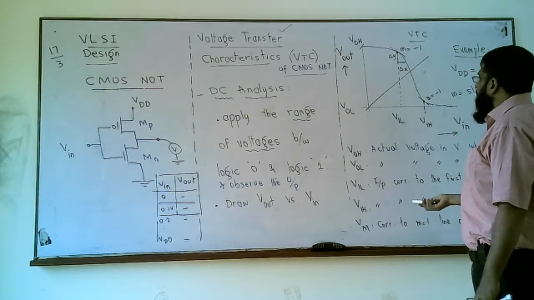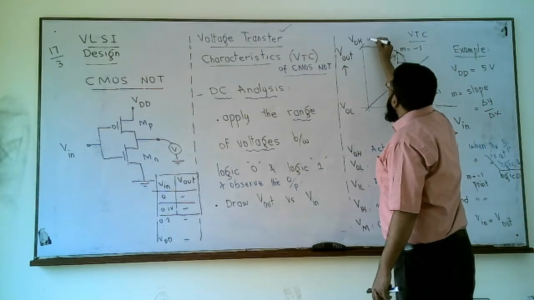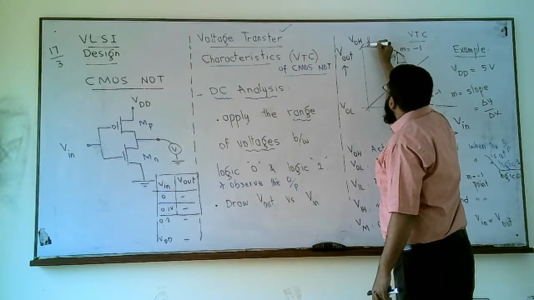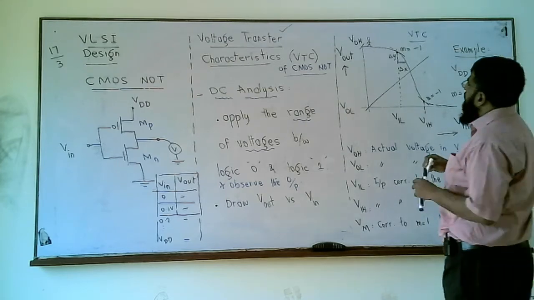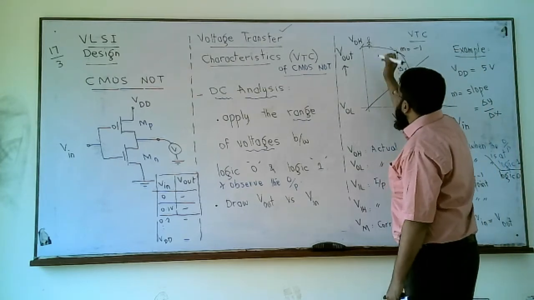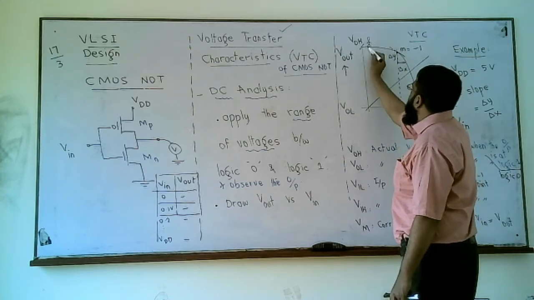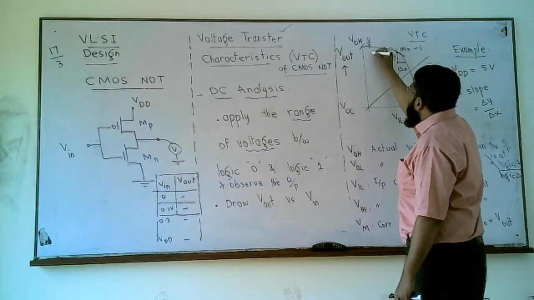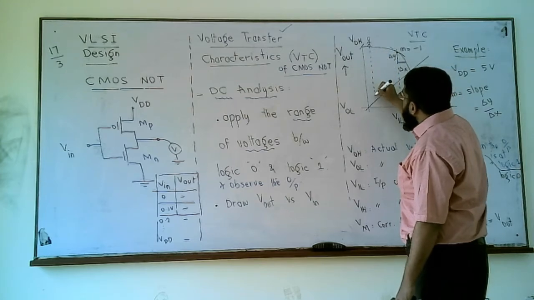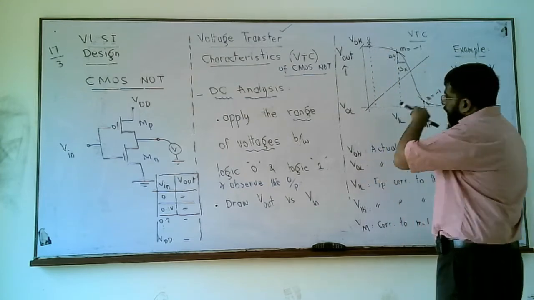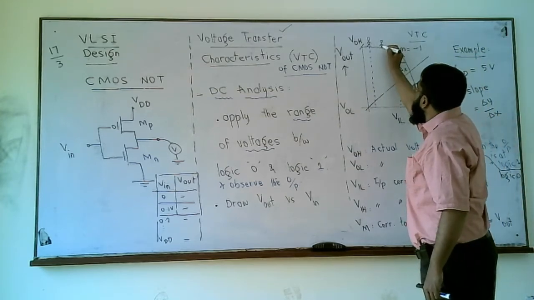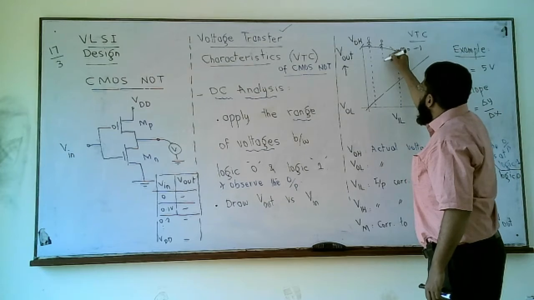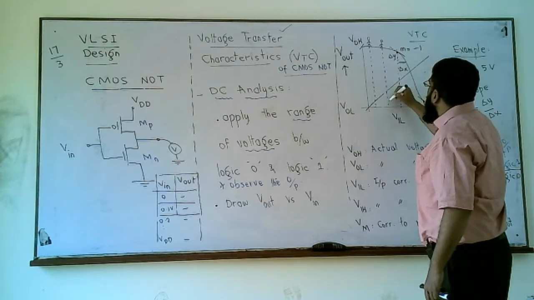I told in one of my earlier lectures that if you are asked to walk on this curve starting from this point and you go down this curve, at this point you'll have output Vout greater than Vin, because Vout is around VDD but Vin is quite small. This is Vin. If you keep walking down, once you are here, once again your output voltage is higher than your input voltage.